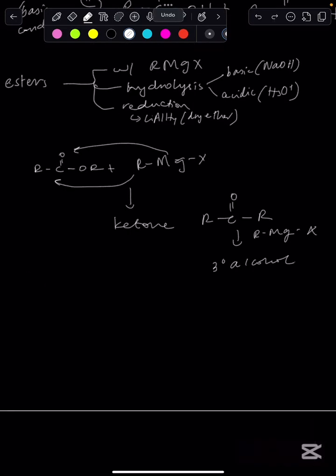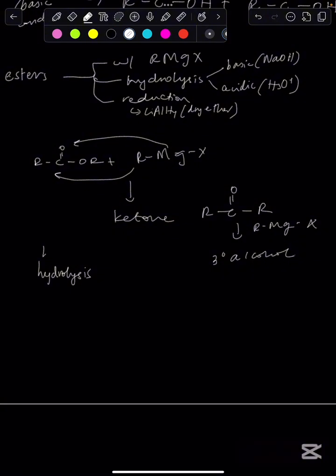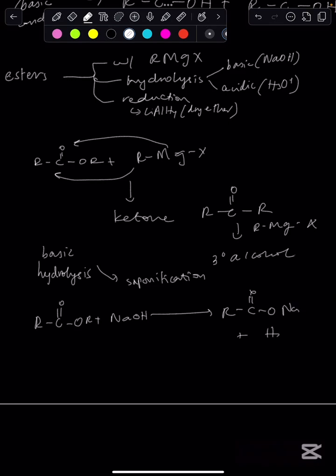And then if you see the hydrolysis reactions, first we're going to see the basic hydrolysis. So what we have over here is sodium hydroxide. This process is also called saponification, because what we create from it is soap, which is sodium acetate and water, and we form alcohol actually.